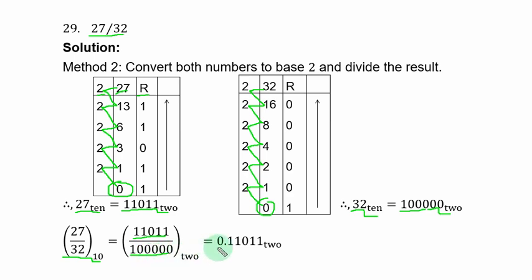When you divide, you have 0.11011 in base 2. When we get to operations with base number system, we are going to explain more about this. But for now, this is the result that you get when you divide.